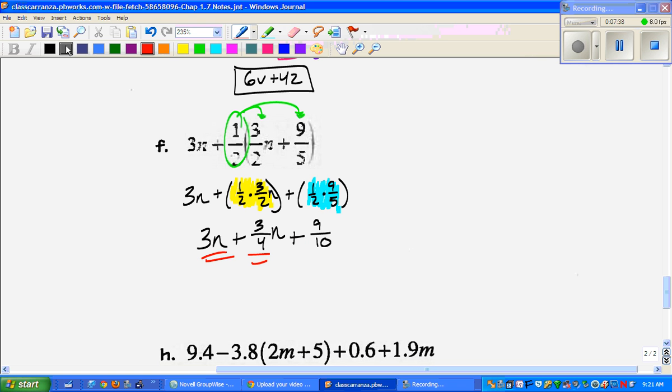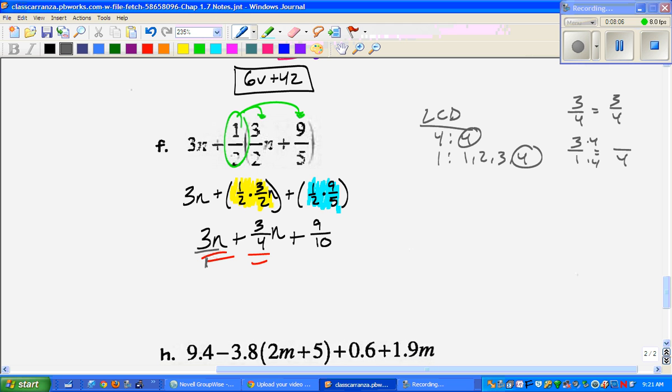So I need to find the LCD. Here's our side work of 4, and that's 3/1. Oh, 4 is going to be the LCD. So 3/4 equals 3/4. We don't have to change that. 3/1 to a 4, multiply by 4, and you get your number.